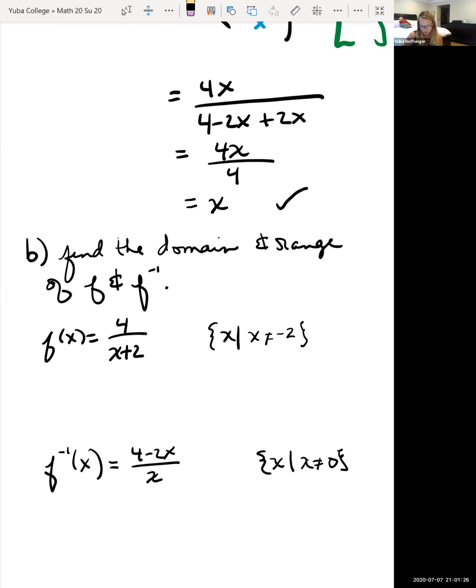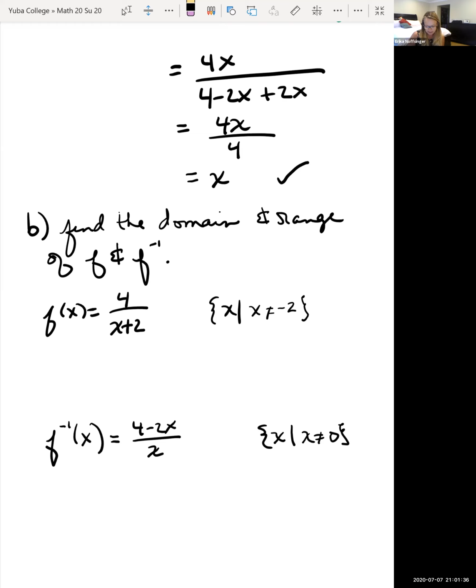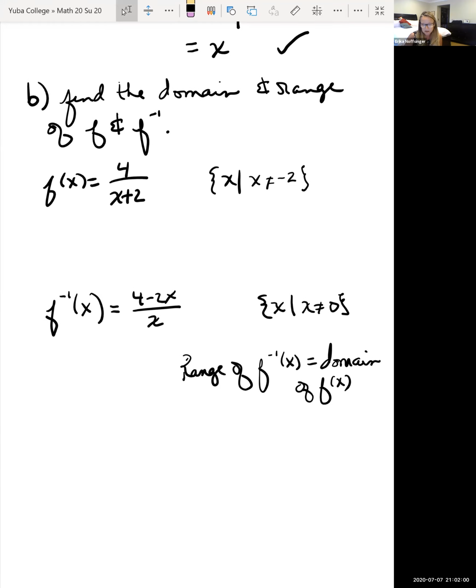Our domain and our ranges are swapped. And so if I know the domains of one, then I know the ranges of the other. So the domain here, x could not be negative 2. So that means for my range of f inverse of x equals the domain of f of x. Except the only thing that's different is it's y instead of x.